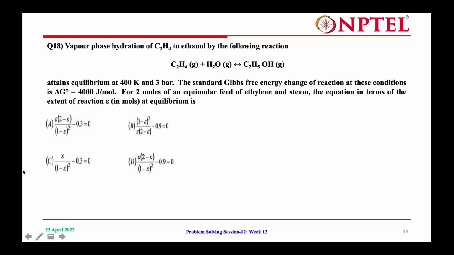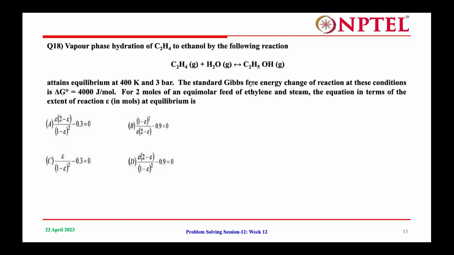Question number 18. The vapor phase hydration of ethylene to ethanol by the following reaction: ethylene plus water gives ethanol, attains equilibrium at 400 Kelvin and 3 bars.